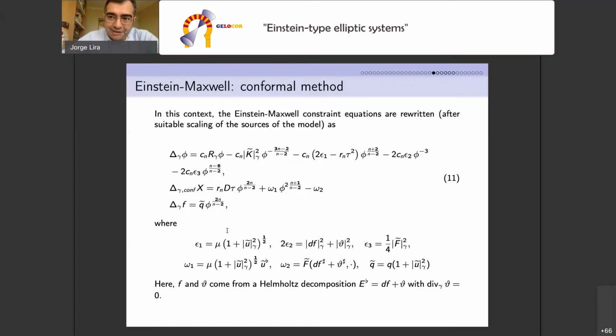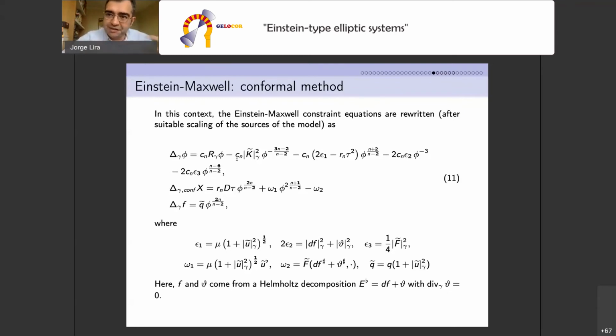So the idea here is to find a balance, to obtain some inverse of these Laplacians. So you have some sort of nonlinear operator that starts with phi, X, and F, and you have this right-hand side. The idea is to try to invert this operator, try to find an inverse for these Laplacians.